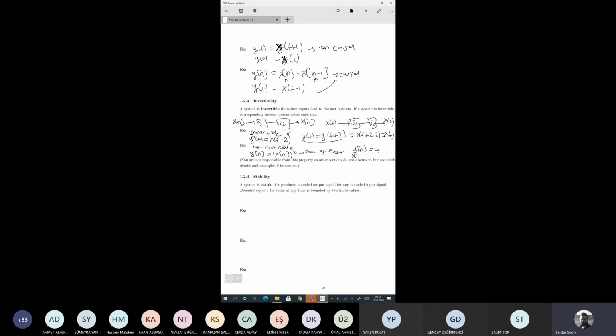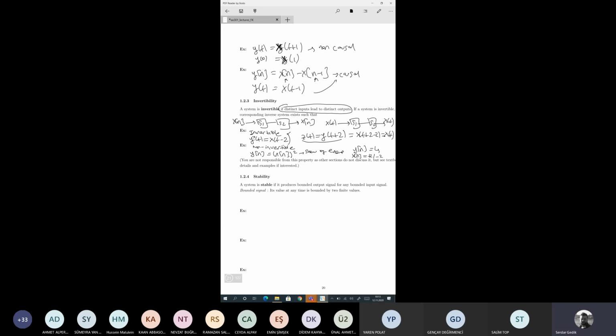Then x of n is either plus 2 or minus 2, right? So this contradicts with this definition. x equal to plus 2 has corresponding output 4, and x equal to minus 2 has again the same output of 4. So the system is non-invertible.